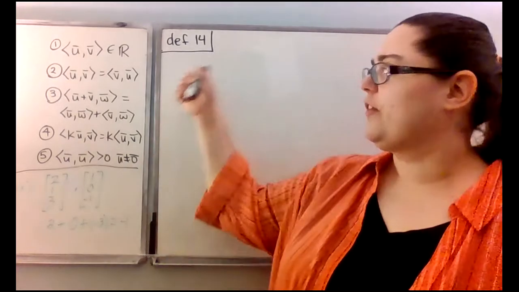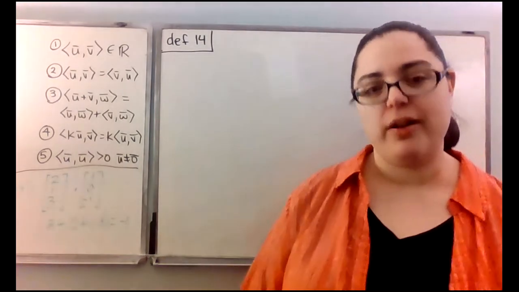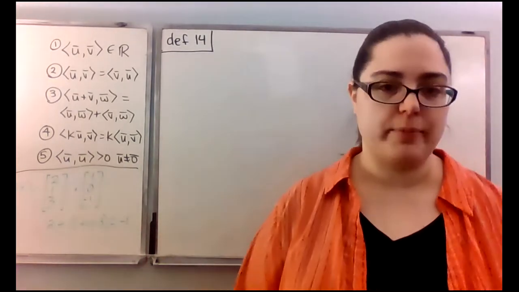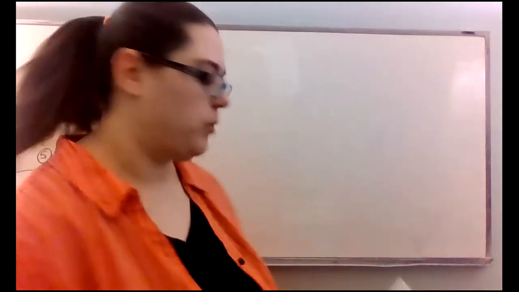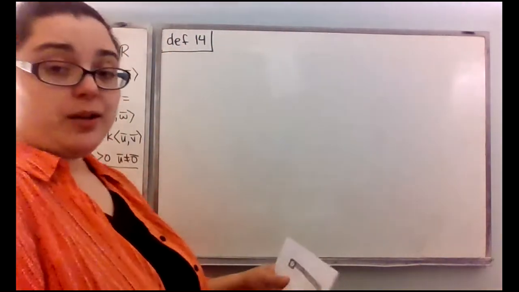So we've got a bunch of definitions to define to get us going, and then we'll work through some properties and some examples afterwards. So let's start by defining what we mean by the norm.